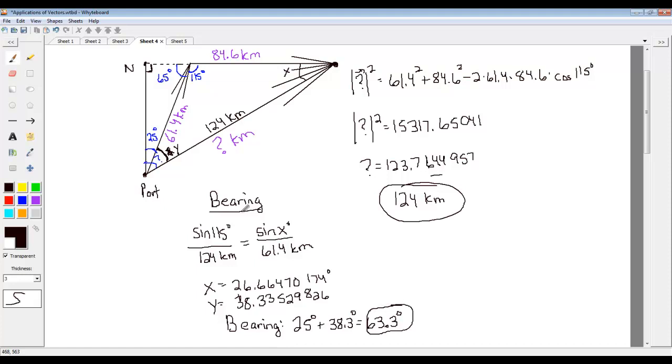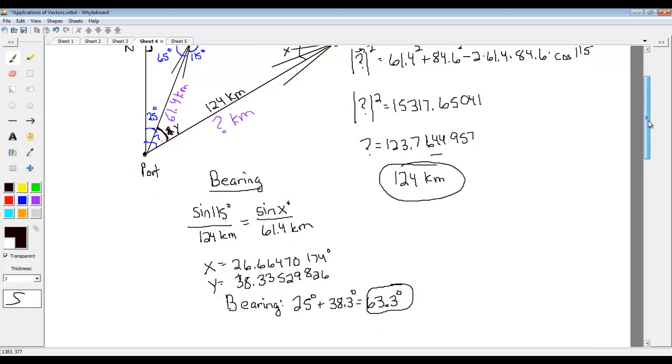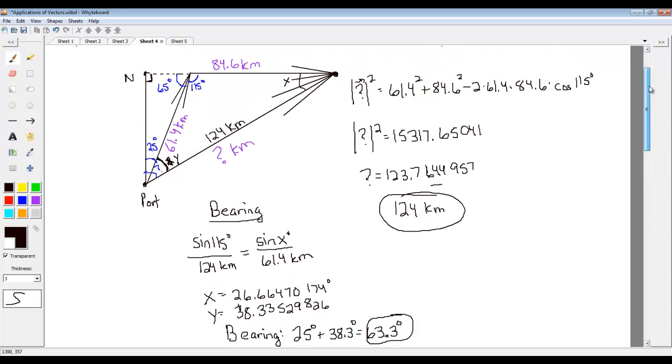And that means it's 63.3 degrees clockwise off of north. And that's the bearing.